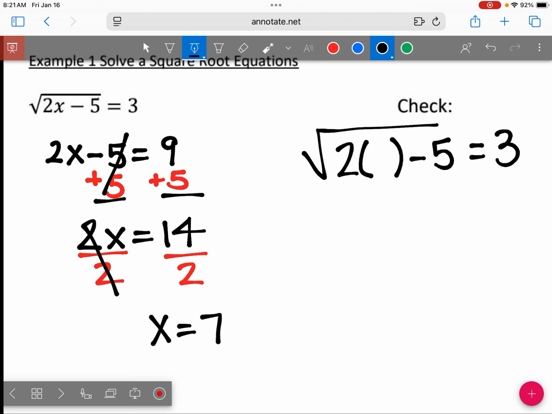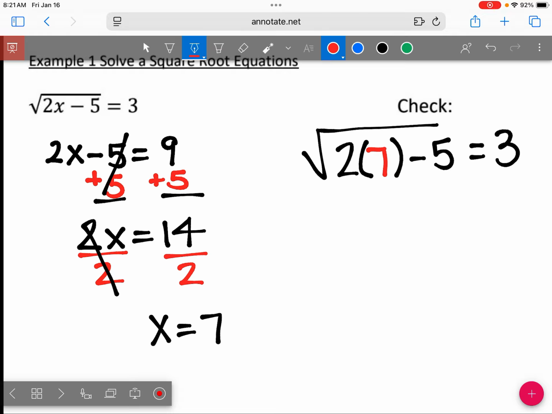And then inside of the parentheses, I'm going to put the answer that I got, which is 7. And what we need to see is, does this equal 3? If it does equal 3, that means 7 is an answer. If it doesn't equal 3, then there's no solution.